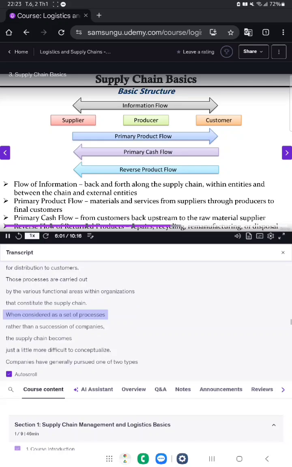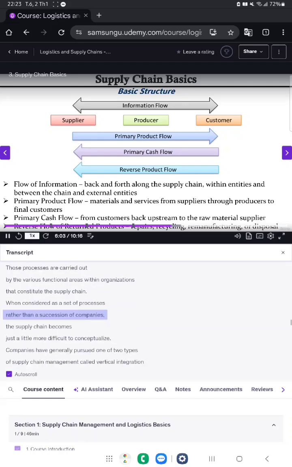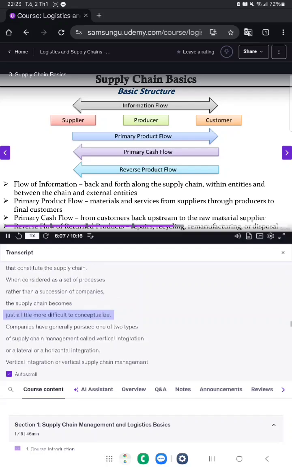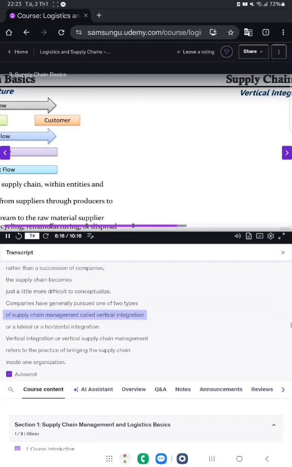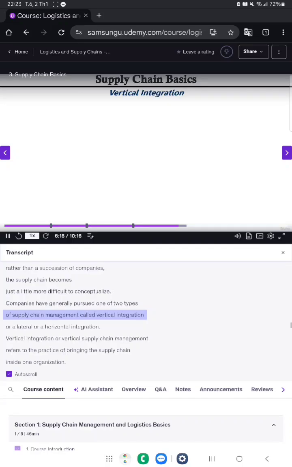When considered as a set of processes rather than a succession of companies, the supply chain becomes just a little more difficult to conceptualize. Companies have generally pursued one of two types of supply chain management, called vertical integration or lateral or horizontal integration.